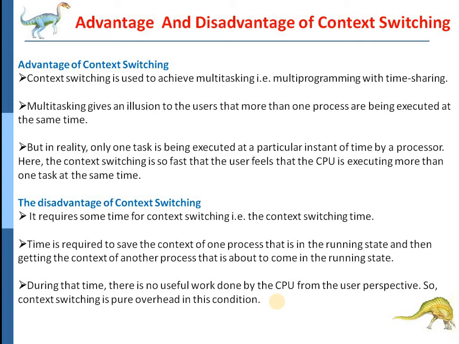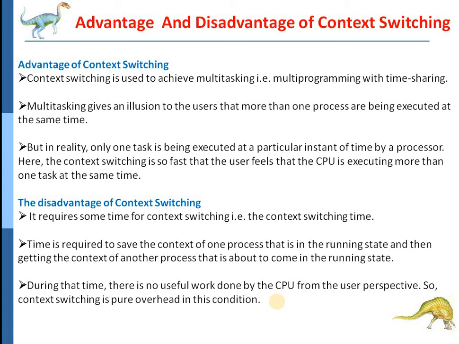During the switching from one process to another process, no useful work is done by the CPU. It means that at the switching time, the CPU does not do any other task. It is fully utilized for the switching purpose. So no useful work is done by the CPU from the user perspective. The user does not care what the CPU can do; the user requires only the meaningful output.